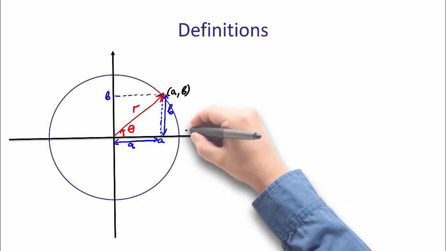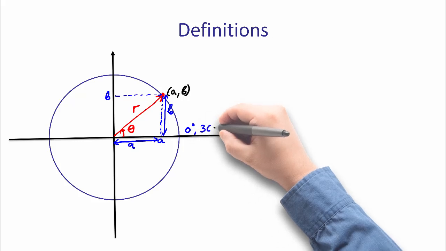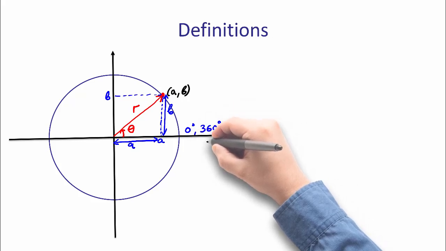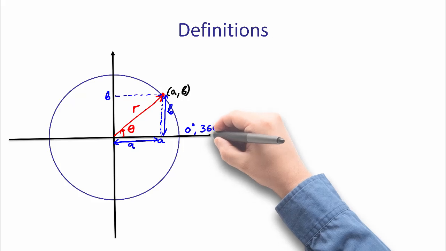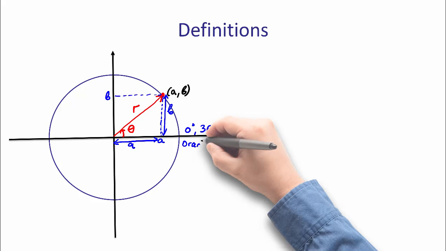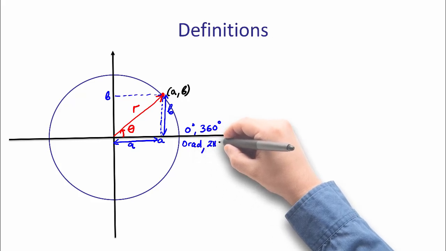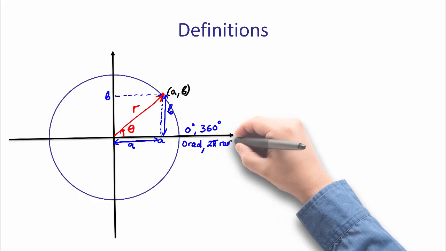For example, here we have 0 degrees, or 360 degrees, or any multiple of 360, positive or negative. But in radians, it will be 0 radians, and also it will be 2 pi radians, or any multiple of 2 pi.